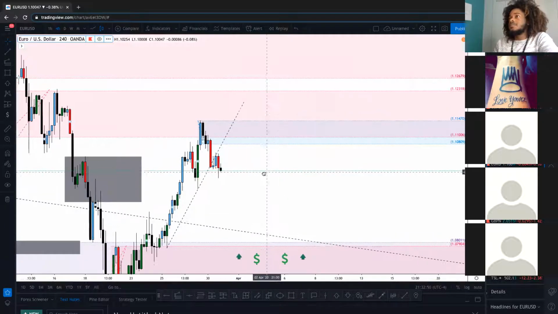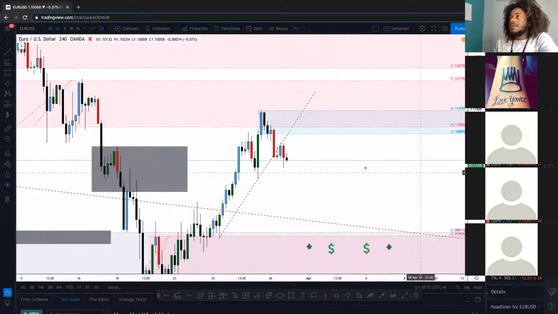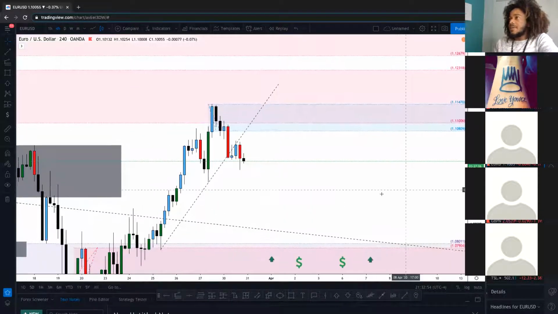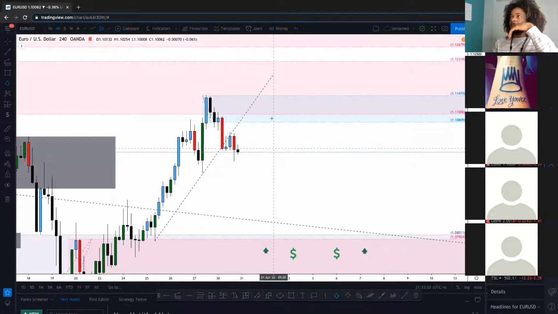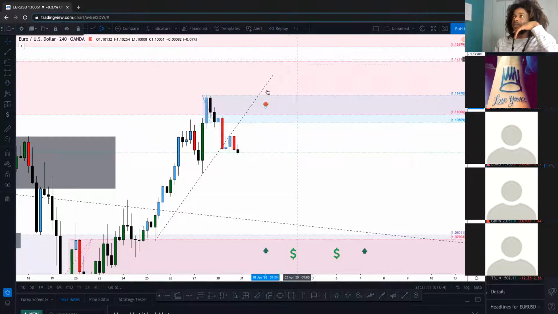So based on the analysis we just made, the best place to go short is the 4-hour supply, reacting off daily supply also. This is a fresh 4-hour supply.